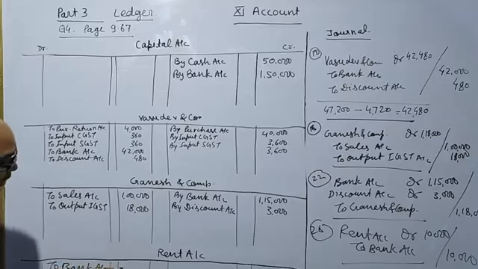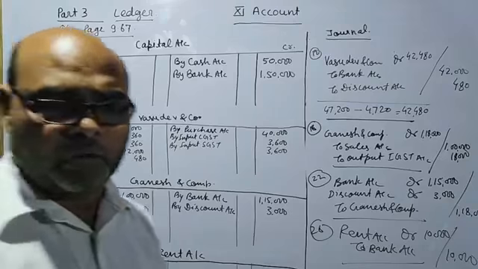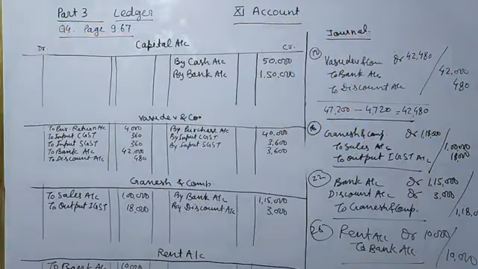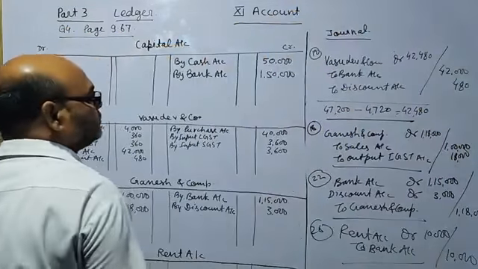The amount is 10,000. Next, paid salary 25,000. So salary account debit to bank, salary account debit to cash 25,000. Now there is no any other transaction.